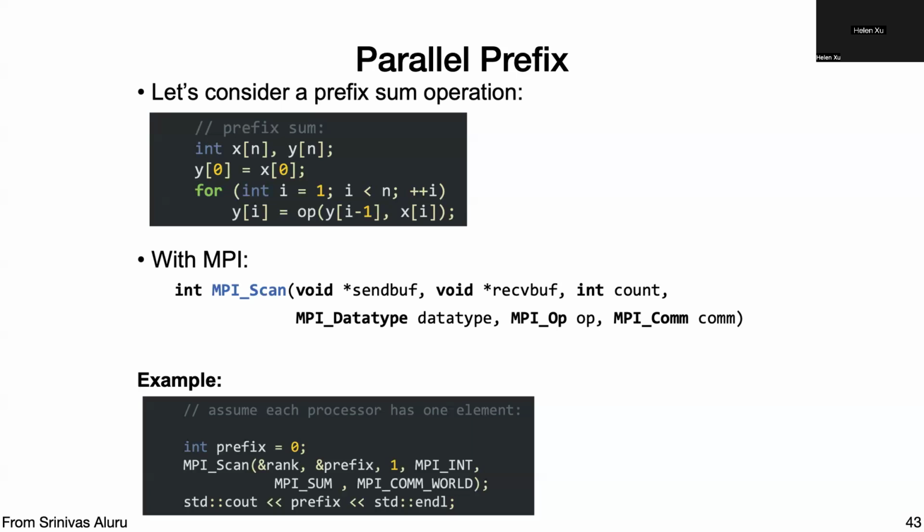So like prefix sum, you get a vector A, and you get out a vector A prime, where every element is the sum of elements up to I for every position I. So you can think of MPI scan as every process having one of the elements in the prefix sum. And so what is going to happen at the end is that in order of ranks, rank I is going to get the sum of elements from ranks 0 up to I.